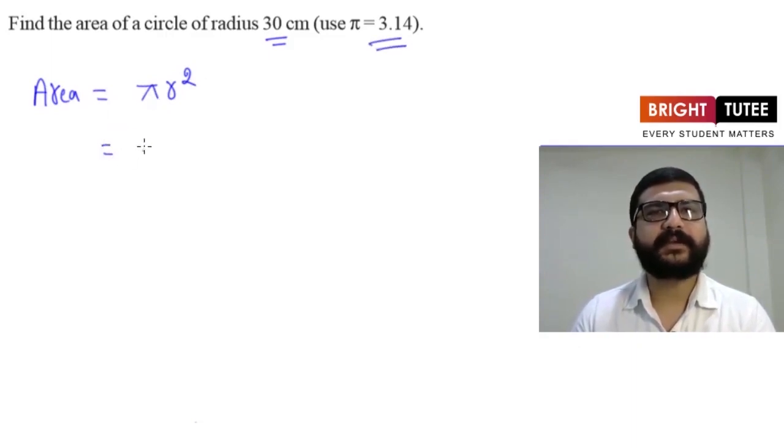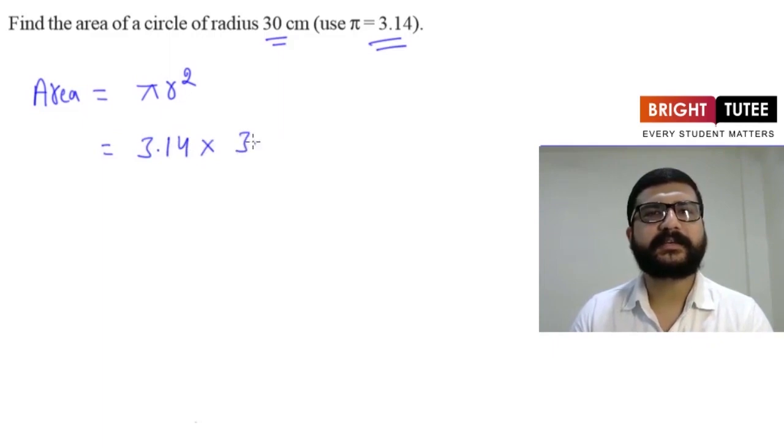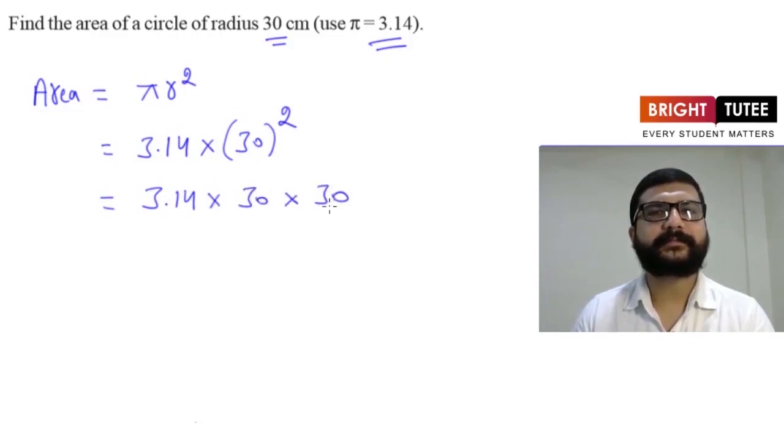So this will be equal to 3.14 into r square. R square means 30 square, because the value of r is given as 30. Now we can simplify this. It will be 3.14 into 30 into 30.